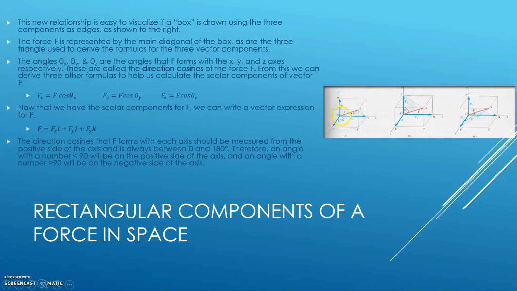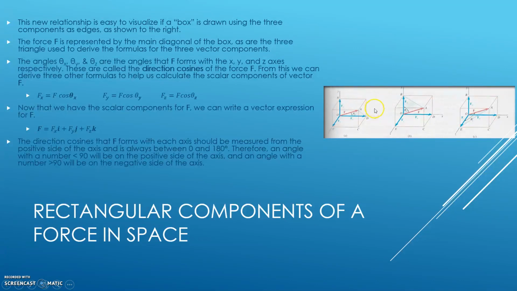And notice the force that we're finding is going from the back left corner to the front right corner. So that force F is just represented by the main diagonal of the box, as are the three triangles used to derive the formulas for the three vector components.